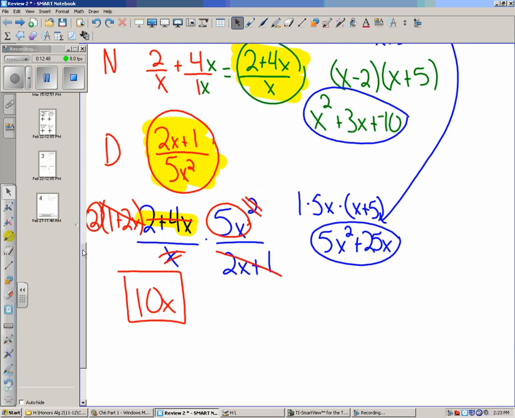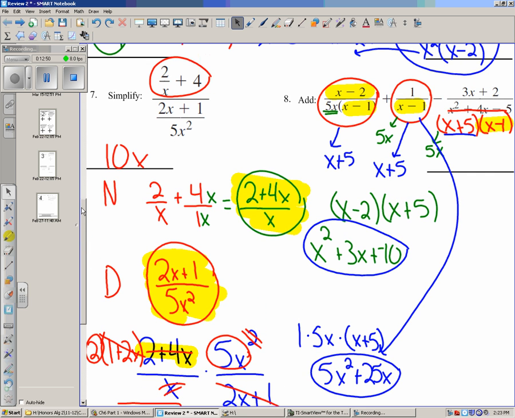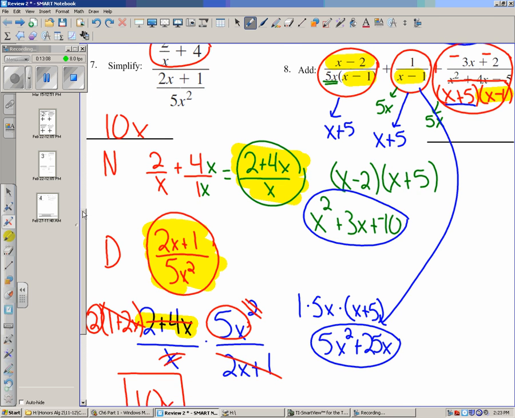And now when I go back up to my third fraction, the first thing I'm going to work with is this minus sign, and I'm going to add the opposite, make it negative 3x plus negative 2. And the only thing I have to multiply this fraction by is the 5x because it has mostly everything.